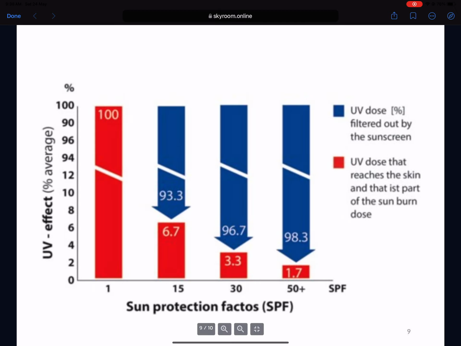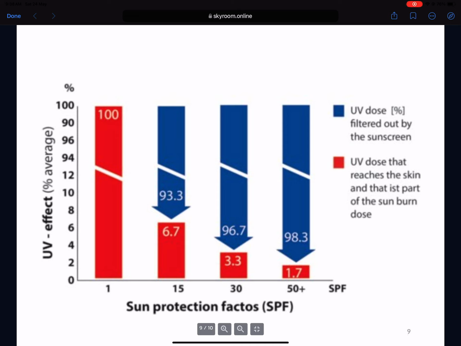Just the last slide, which I showed here, is about a very important phenomenon about UV. Normally, you will go to a drugstore and buy a sun protector cream. On the surface or on the box of the cream, you will see a specific number which is called SPF.